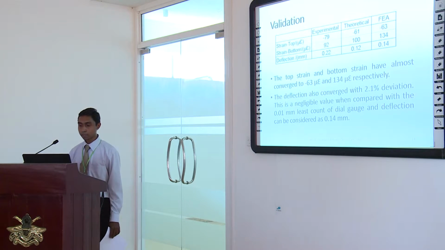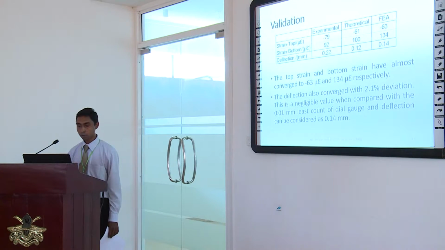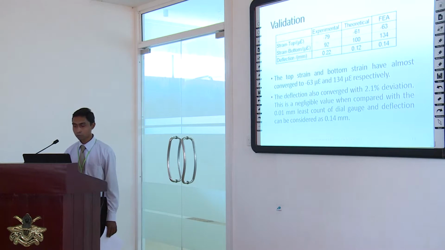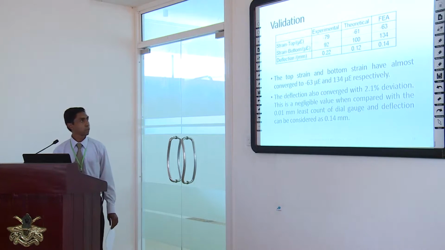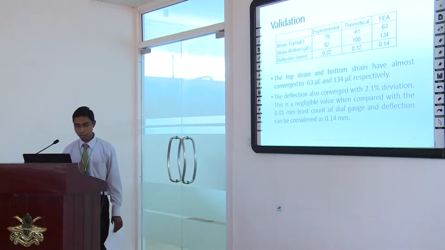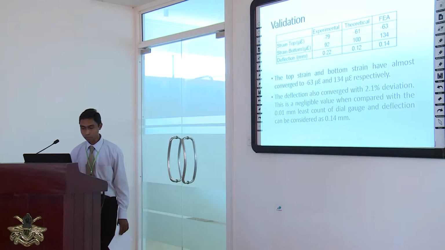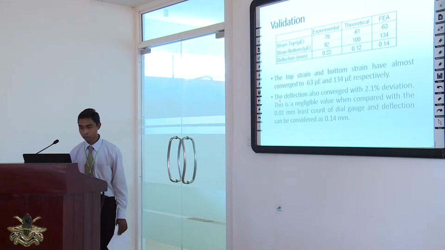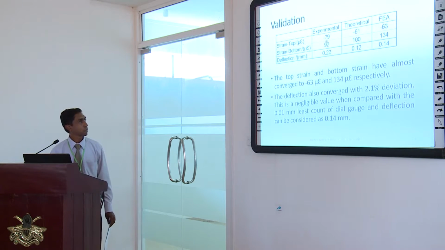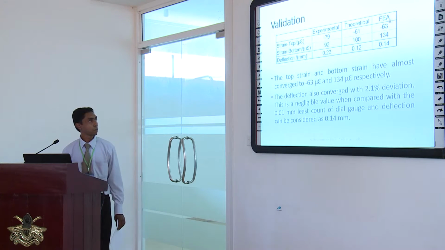When you compare the results obtained, strain at the top, the experimental value and the theoretical values, this is the experimental value, theoretical value, and finite element values for the strain at top, strain at bottom, and deflection.